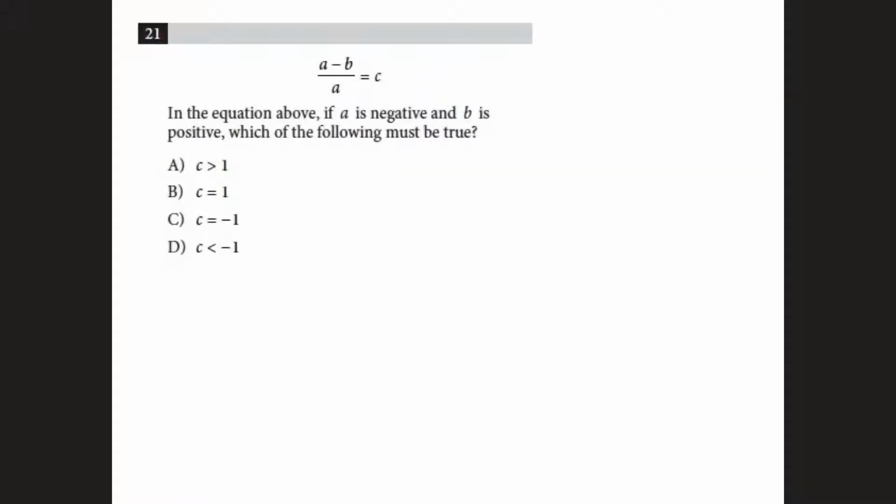21. In the equation above, if A is negative and B is positive, which of the following must be true? If A is negative and B is positive, then you're going to have some negative in your denominator, and a negative minus a positive is going to be some negative in the numerator, so that's going to have to be equal to a positive.